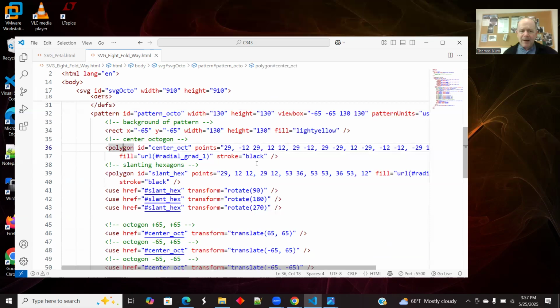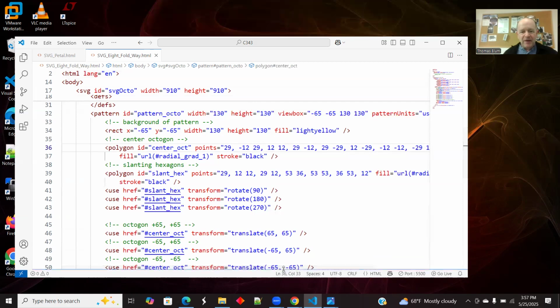Here's my polygon. This is my octagon, the octagon in the center. I give it an ID because I'm going to make copies of it to put octagons in the corners of my pattern as well.